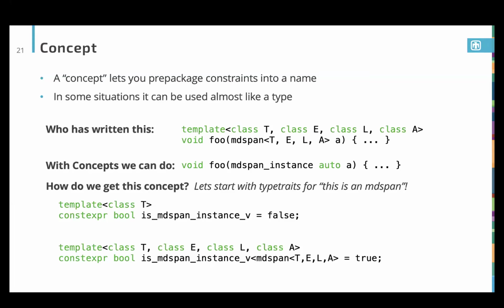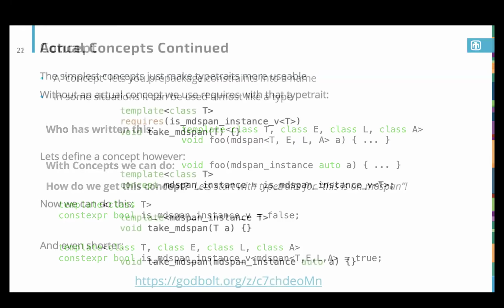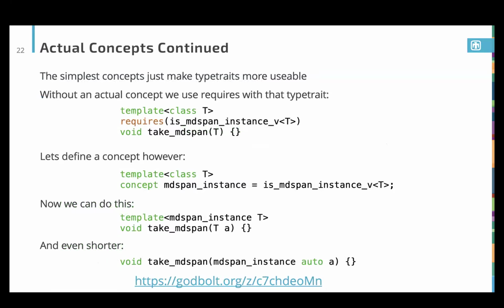And we start with just a template value here. By default it's false, and when we have a partial specialization of that, which says that if you give me a type which is an mdspan, then it's true.